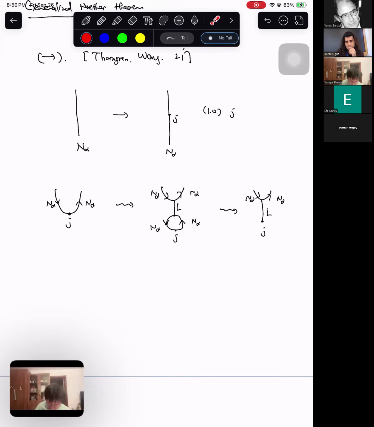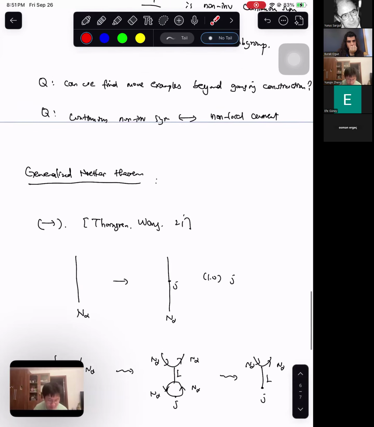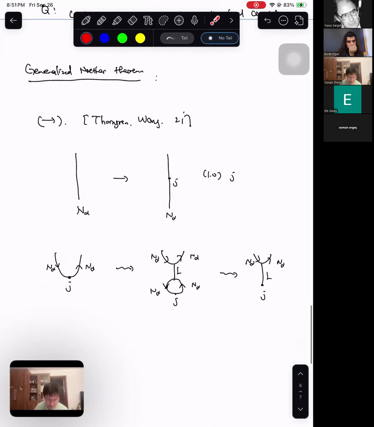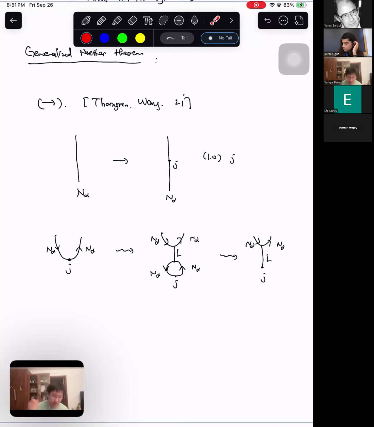But when N alpha is non-invertible, there is more than one channel. In particular, there are non-trivial channels in the middle, and there should be some current living at the end of some non-trivial topological line L. That basically explains the right arrow: the existence of this continuous non-invertible symmetry implies the existence of the non-local current J living at the end of some topological line L.